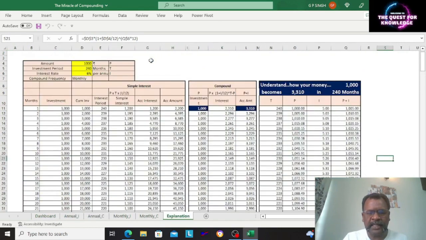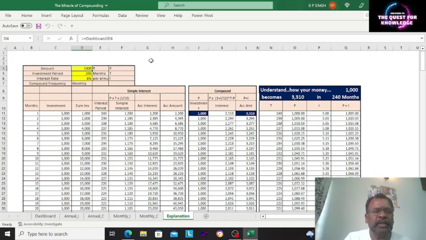So let's first go to simple calculation. The amount invested per month is 1000 rupees, which we call the principal amount, and the investment period is 20 years converted into months, 240 months, which we use the symbol T, that is time. And let's assume the interest rate is 6% per annum.